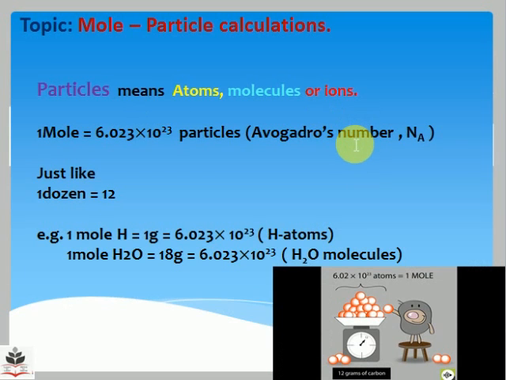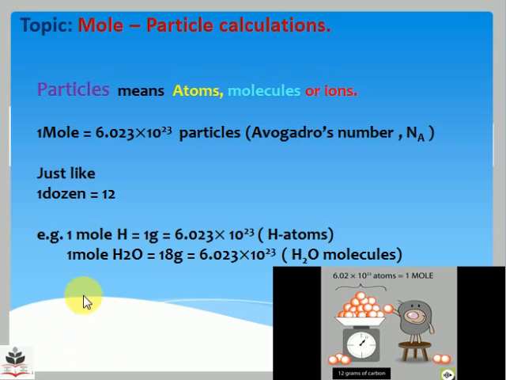Now, as you know, 1 mole of any substance contains this many particles. It is the same as 1 dozen containing 12. 1 dozen means 12. Let me give you an example, then I will explain this. Let's suppose I have 1 mole of hydrogen. What will be the mass of 1 mole of hydrogen? That will be 1 gram.